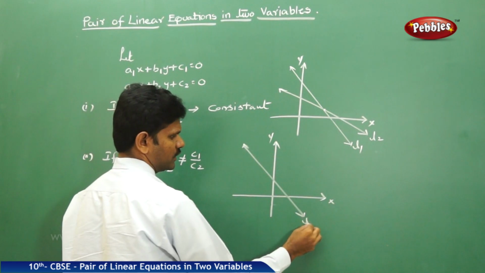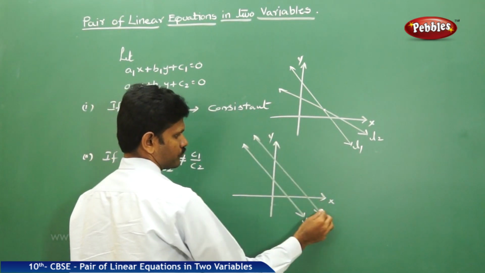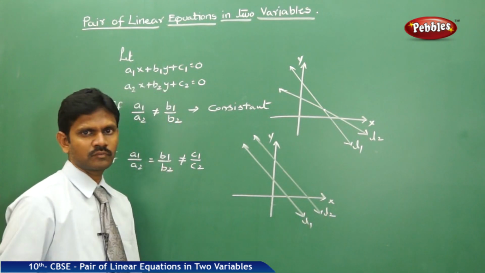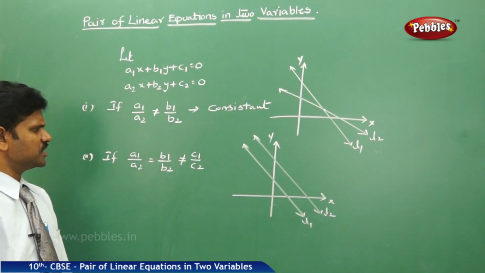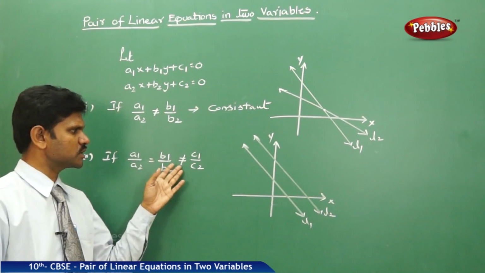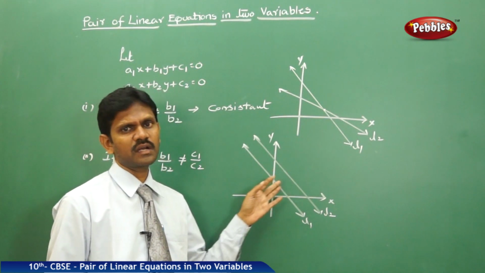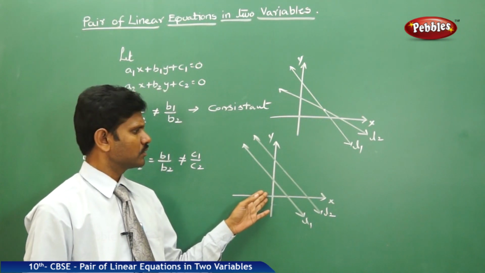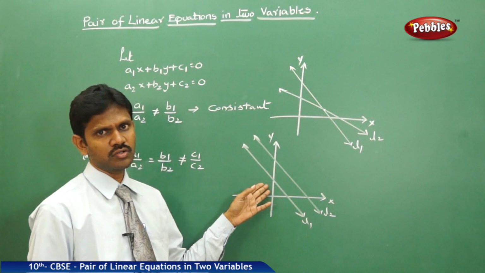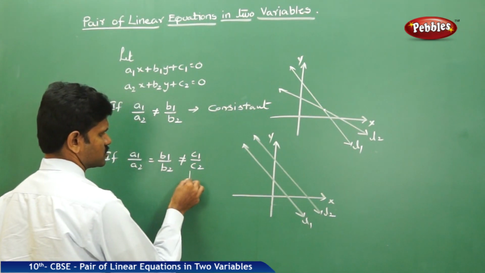This is the line L1. This is the line L2. That is the condition, if a1 by a2 is equal to b1 by b2 is not equal to c1 by c2, then the nature of the lines are parallel lines. For parallel lines there is no solution, which is called inconsistent.